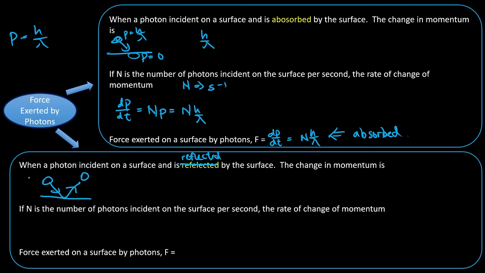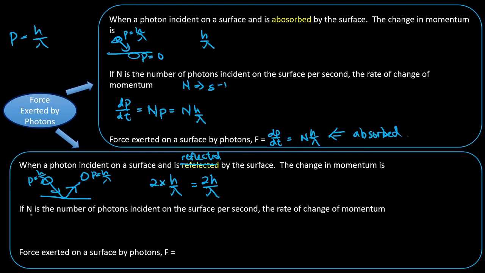Here you have a momentum of h per lambda, and here also h per lambda, but they are in opposite directions. Remember, momentum has direction. So the change in momentum will be 2 times h over lambda. So it's 2h over lambda for the change in momentum for a reflecting surface.